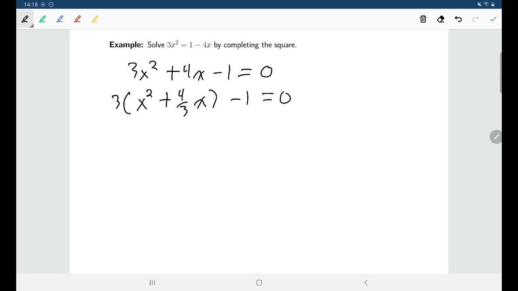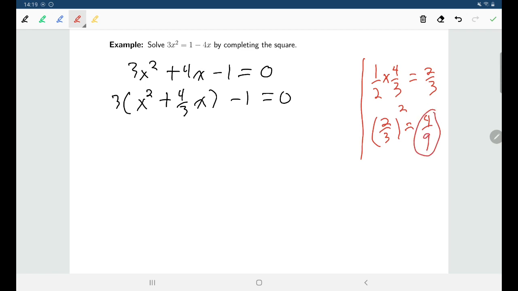Okay. Now that I've done that, the next part is the completing the square part, and I'm just going to doodle here on the side that if you were looking at that coefficient of x, that 4/3, we're going to have to take that 4/3 and cut it in half. So if we did that, half of 4/3 would be 2/3, and then once we've cut that in half, we'll need to square it to give us 4/9.